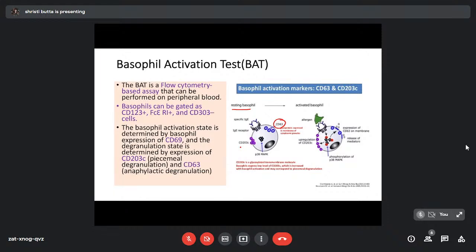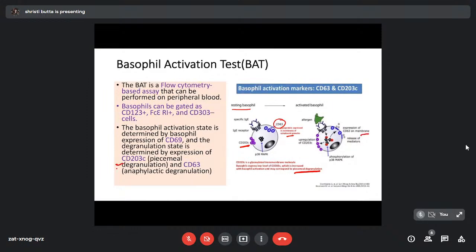Basophils express low levels of CD203, which is increased when the basophil is activated and may correspond to its piecemeal degranulation. So when an allergen comes, what happens? There is an increased expression of CD63 now from the cytoplasmic granules on the membrane. In addition, CD203 is also upregulated and there is piecemeal degranulation.